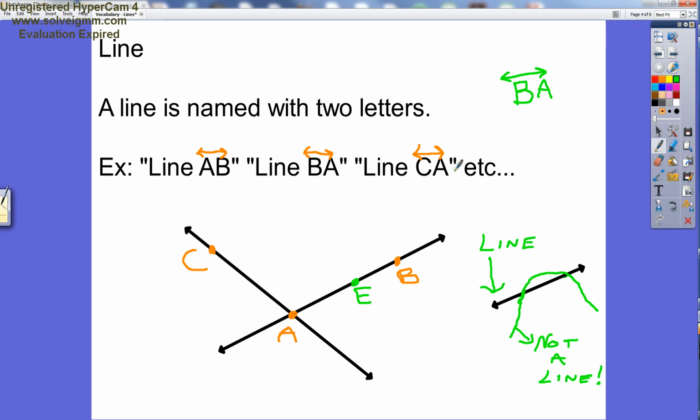Now, one other thing to be aware of is that sometimes, especially with big diagrams, having 50 billion points on the diagram is not helpful because it makes it hard to read.